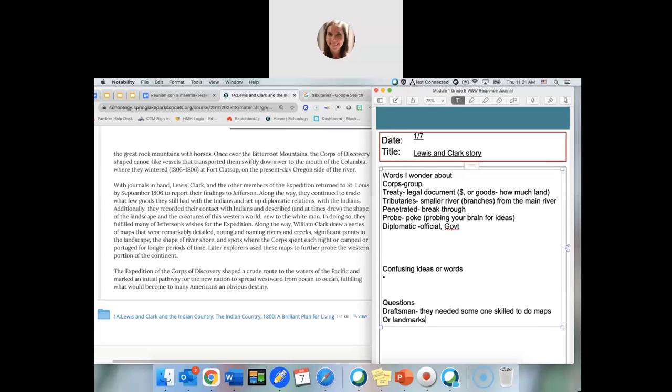Ah, so they needed someone skilled to do maps and sometimes landmarks, because maps aren't always easy to read if you don't have different landmarks, like mountains or something. So maps or landmarks.